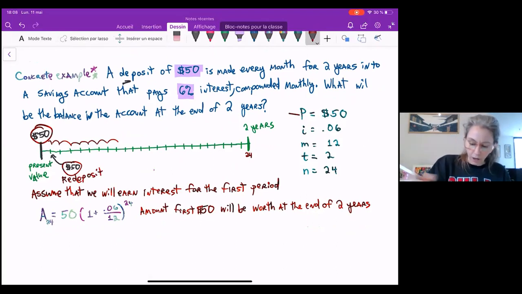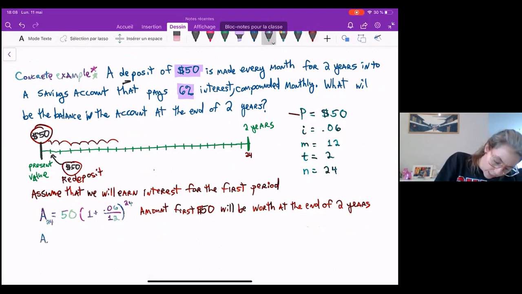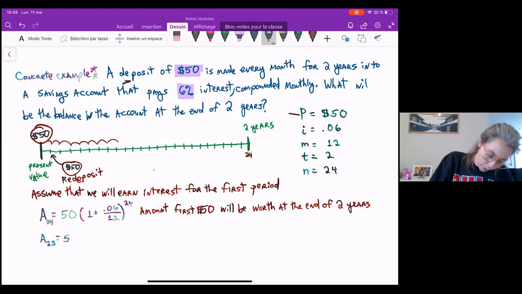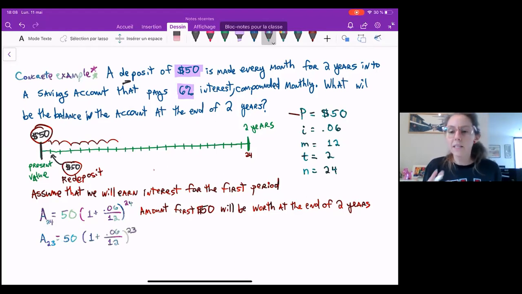So that $50 is actually only going to get compounded 23 times. It's missing that compounding from that first period. So this $50 will be worth 1 plus 0.06 over 12 to the power of 23. And this is the amount that the second $50 will be worth at the end of 2 years.